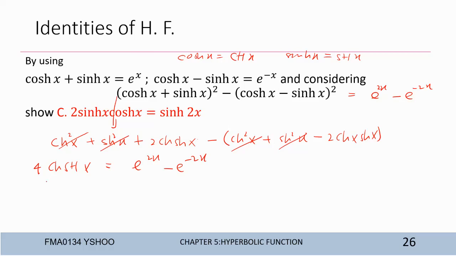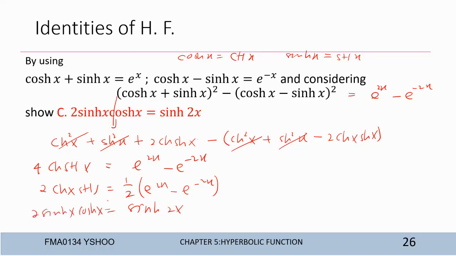As we know from the previous one, I need the 2 because I need to bring it down here. So ch x sh x is 1 over 2 of e^2x minus e^-2x, and the right-hand side is our sinh 2x, which is 2 sinh x cosh x. So we have already proven the c.